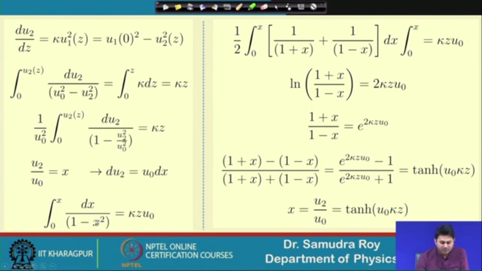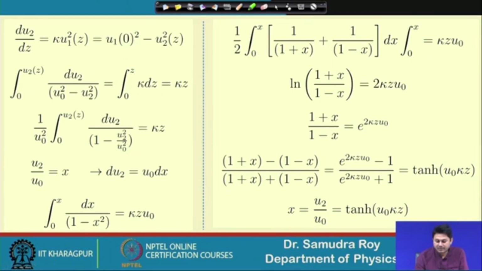If I use the standard procedure, then 1 divided by 1 minus x square can be represented by 1 by 1 plus x plus 1 by 1 minus x, which is some sort of factorization. When I factorize, the half term has to be there, because in the numerator a 2 term will appear if I do that.